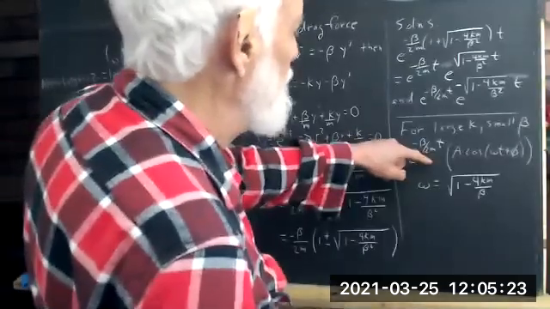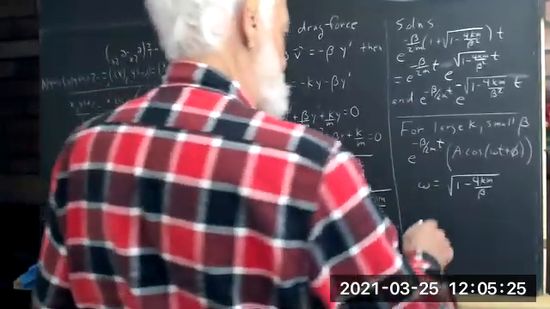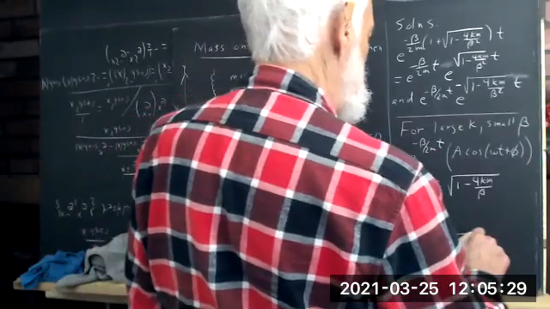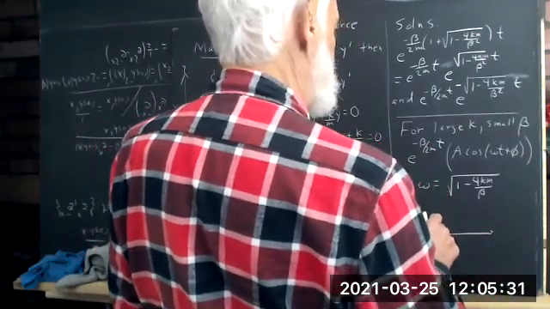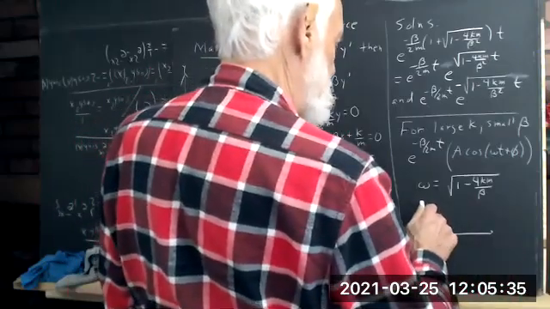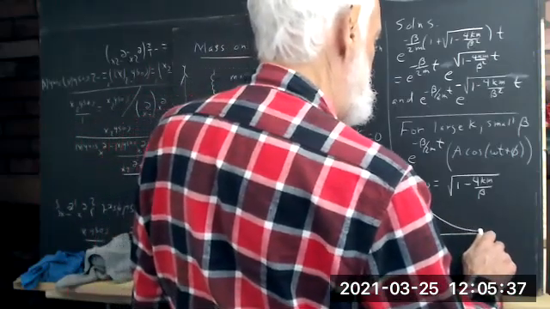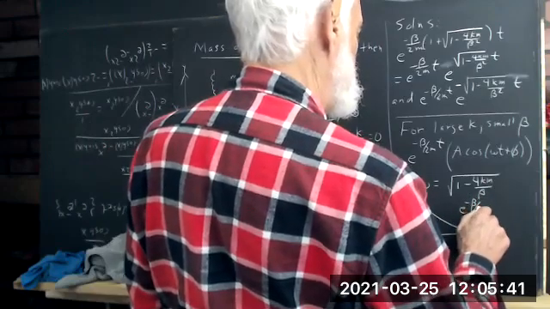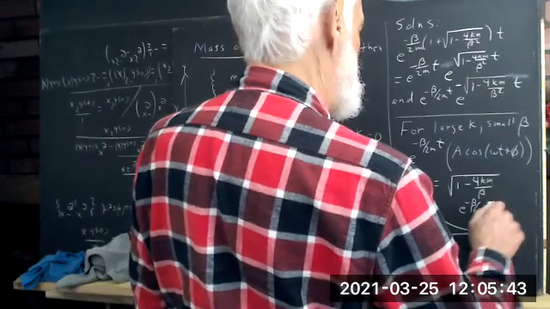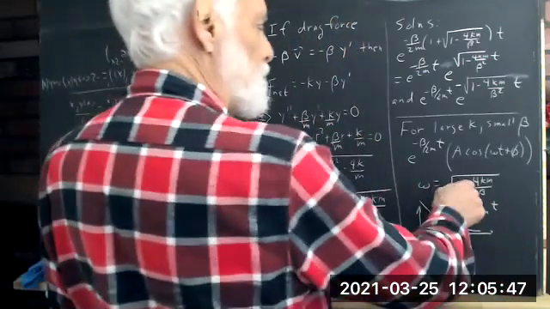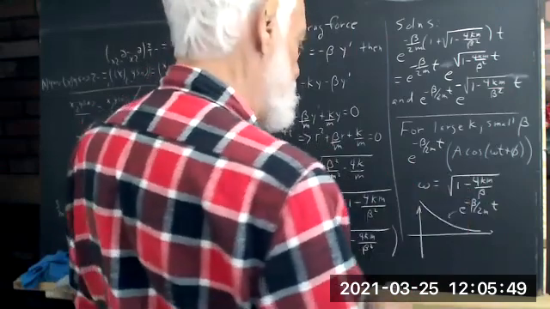e to the negative beta over 2m times t is going to be a decreasing exponential. And this is going to be oscillatory.